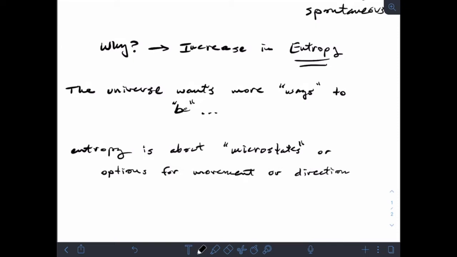So imagine, if you will, a particle moving in a straight line left to right at a constant speed. If I suddenly give that molecule the option to go up or down, in addition to left to right, now I've increased its microstates and increased the entropy.